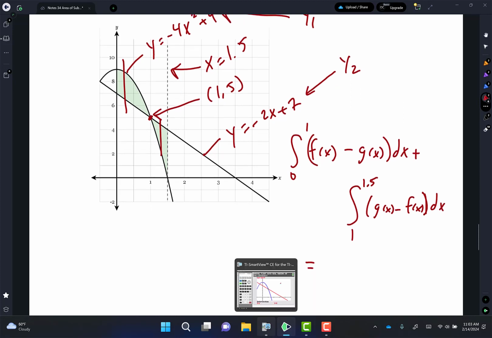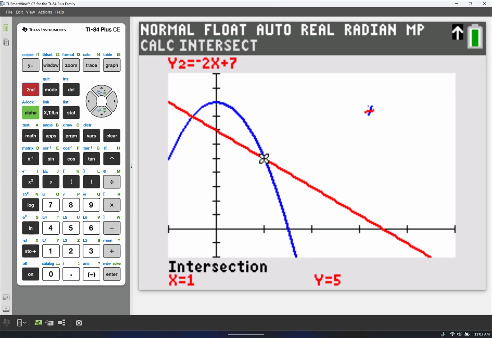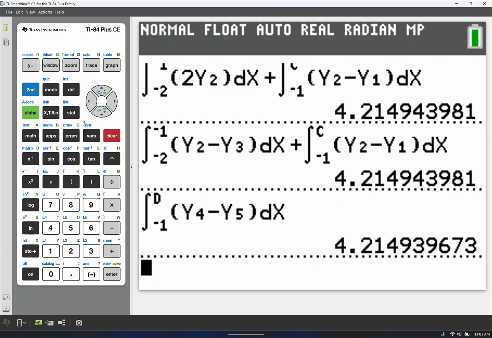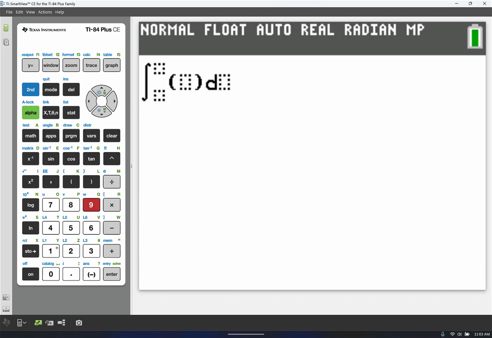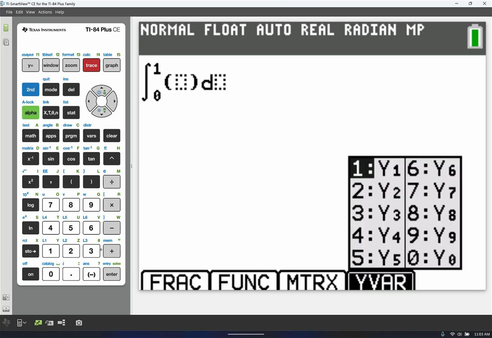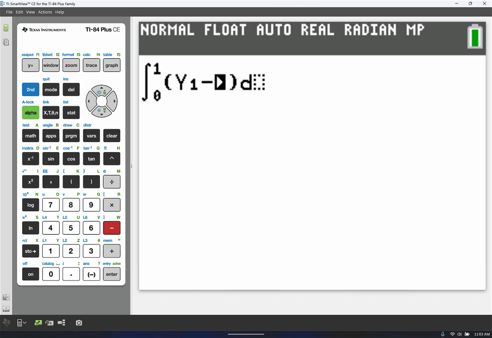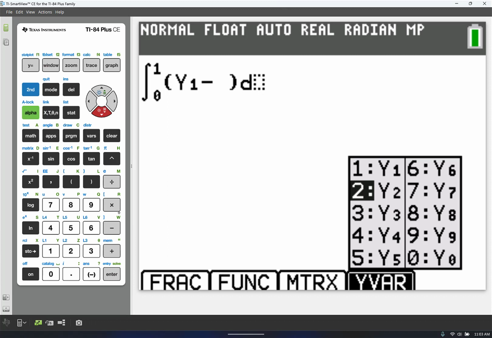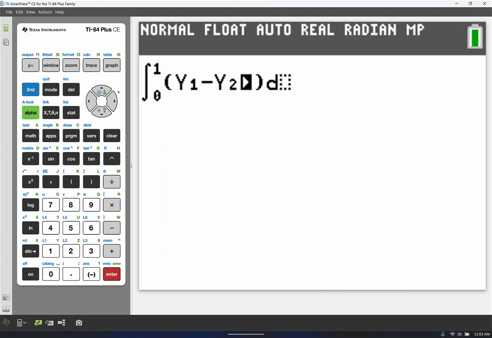So I'm going to take my calculator. I'm going to go to the home screen. I'm going to clear this. So here we go. Math 9, 0 to 1. I have f of x in y1. Alpha trace y1 minus alpha trace y2. I push enter. Not yet.